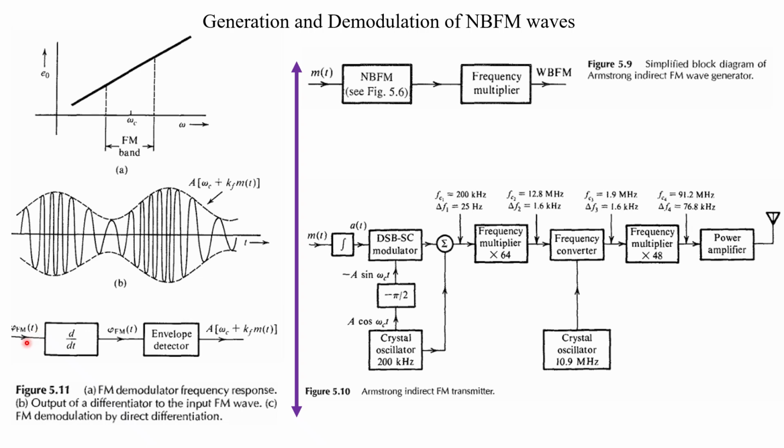Here is your FM signal, and then d by dt, and then you will get the signal, and then you can use the envelope detector, and you will get the message signal, right? So this is how. Now let's see how we can detect.